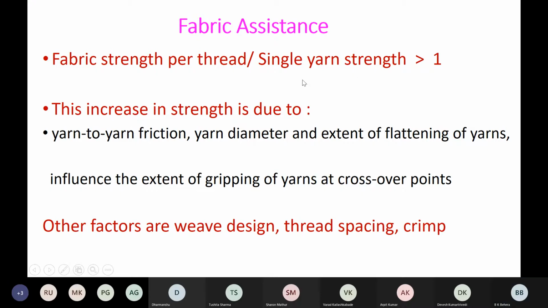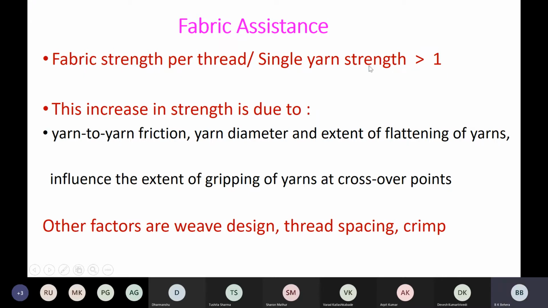So the question arises, why this increase? When we are measuring strength of a fabric either in warp direction or weft direction, we are measuring basically strength of yarn in that direction. But why is the strength of all the yarns in one direction in the fabric higher than the strength of yarn only?